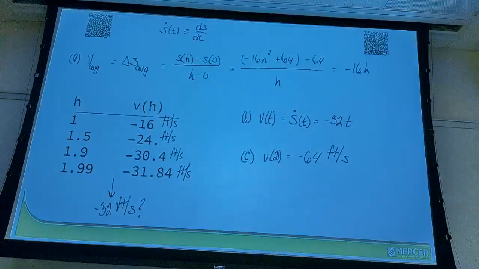If we actually took the limit, that limit better give you negative 64, right? So verify that that limit actually does give you negative 64 feet per second.